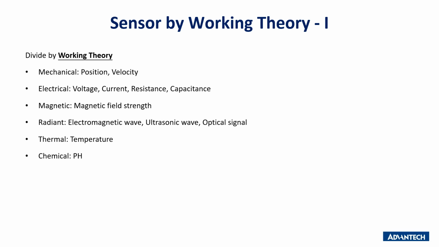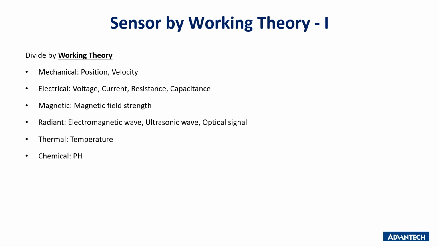In this world we have so many kinds of sensors, so first I will use working theory to separate them into the following 6 groups. First group is mechanical sensor, it can be used to measure position and velocity signals. Second group is electrical sensor, these sensors can be used to measure voltage, current, and resistance signals like strain gauge.